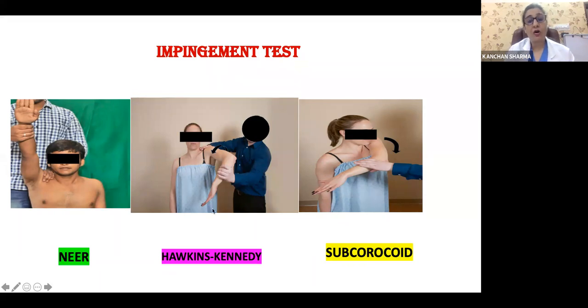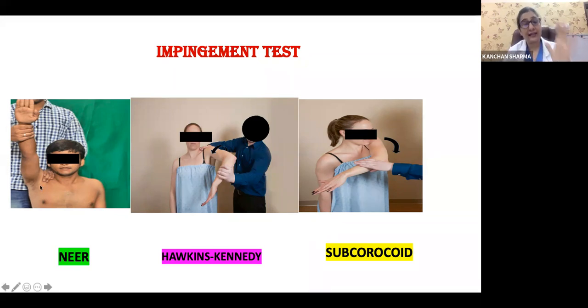So Neer test, Hawkins-Kennedy test, and subcoracoid. In Neer's test, we are testing the impingement of your greater tuberosity. What we need to do is passively elevate the arm in the sagittal plane, forward elevation of the arm in the sagittal plane. Once you do that, the patient will complain of pain.